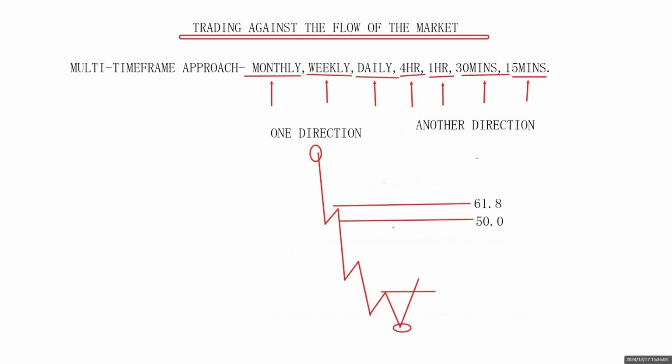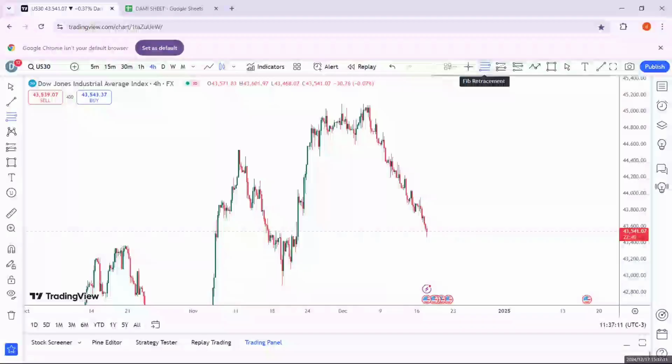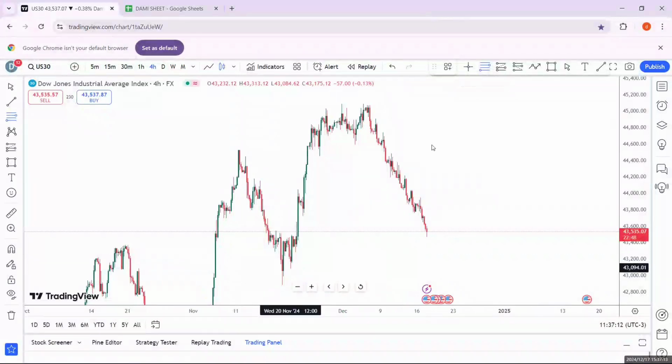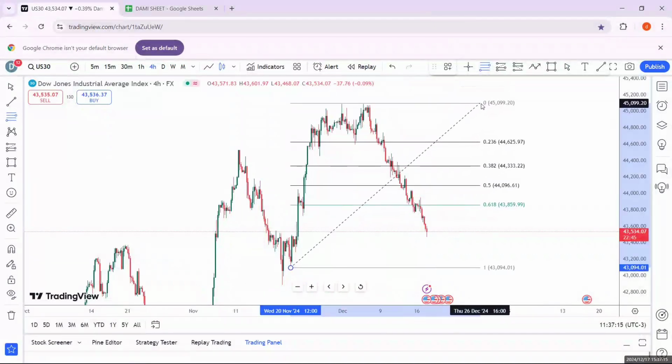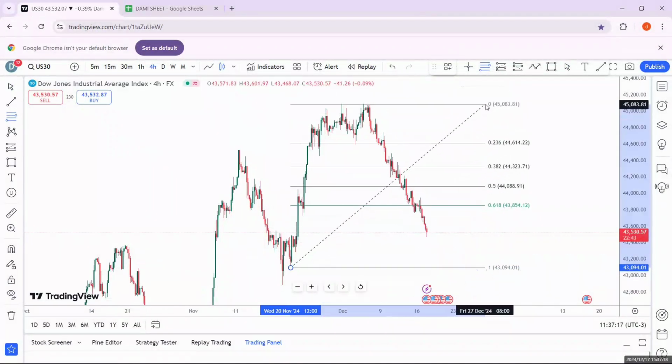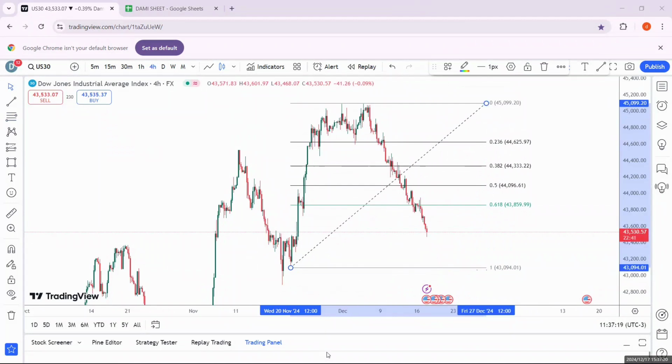I'm going to go over to the chart to show you the numbers I'm talking about right now. This is the Fibonacci we were just talking about. The golden zone we talked about is the 61.8. This is it, and this is the 50.0, half of this movement that we talked about. So you can decide to exit at either of these two levels when it comes to a retracing market.